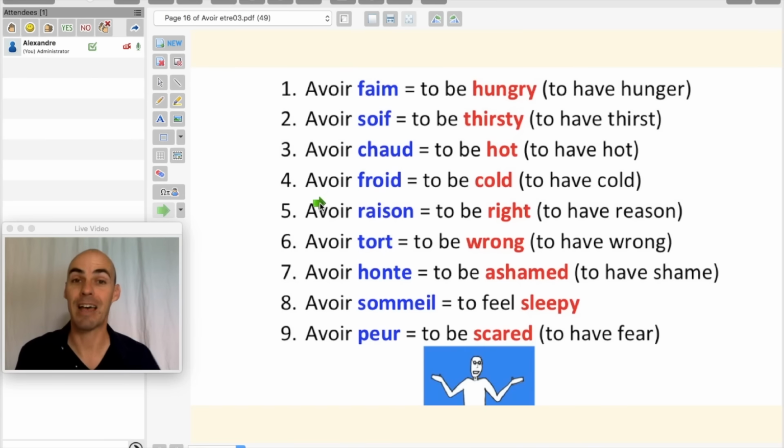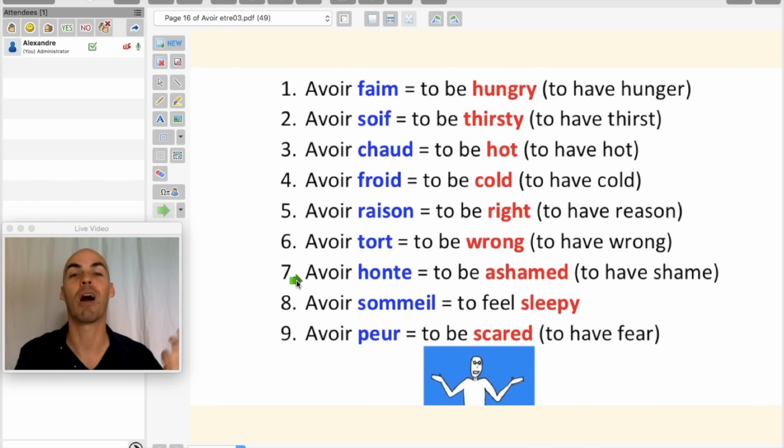To be right, that's to have reason. Avoir raison. Reason is la raison. So we use the noun, avoir raison. To be wrong is avoir tort. In law in the United States, there's the notion of tort, which means that you did something wrong against the law. Avoir tort. To be ashamed is to have shame. The noun shame is honte. The H is completely silent.